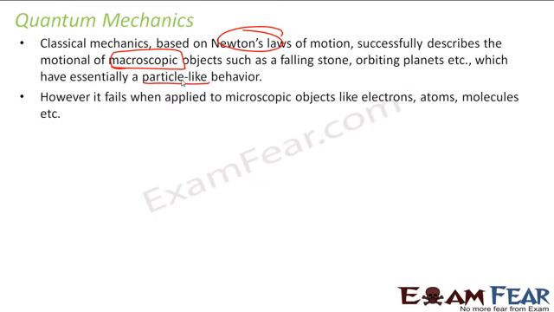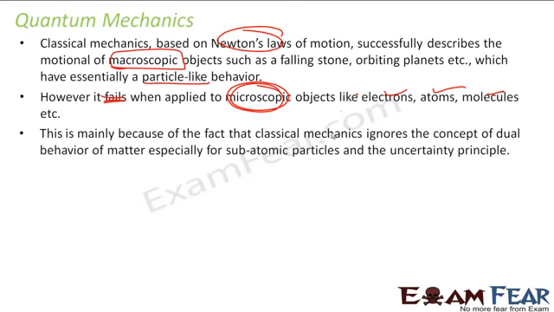But when it comes to microscopic objects like electron, atom, nucleus, it fails. The classical physics fails. This is because classical physics ignores the dual theory. It thinks that the particle is only a particle in nature, right?